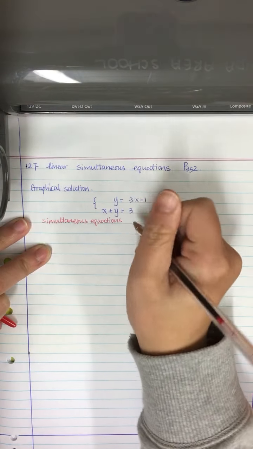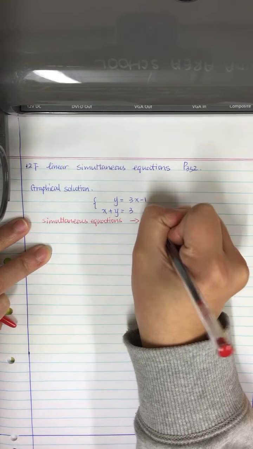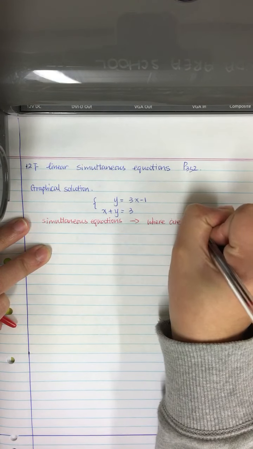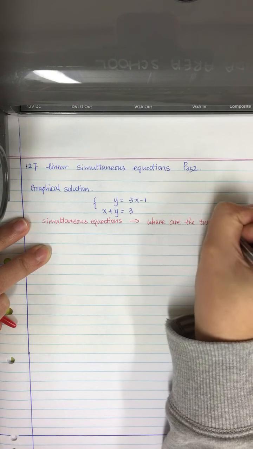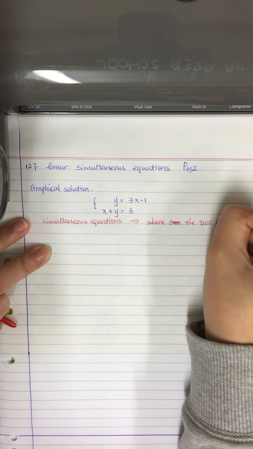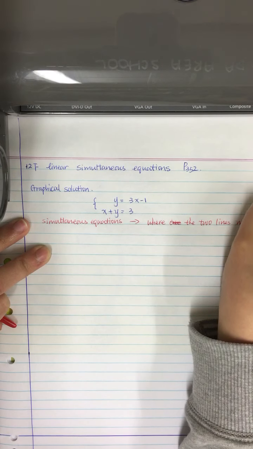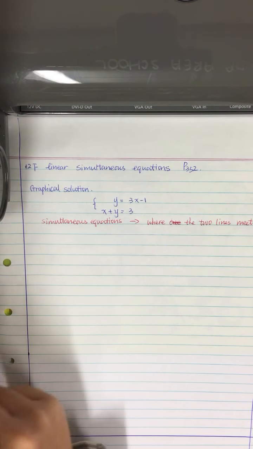They happen in the same Cartesian plane, and you need to find where the two lines meet. So it will be a point.